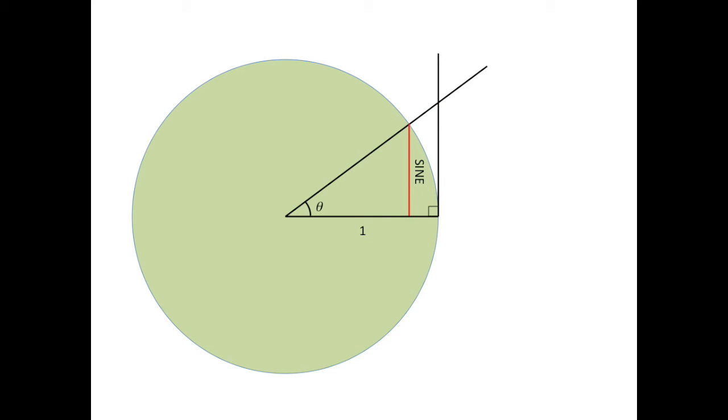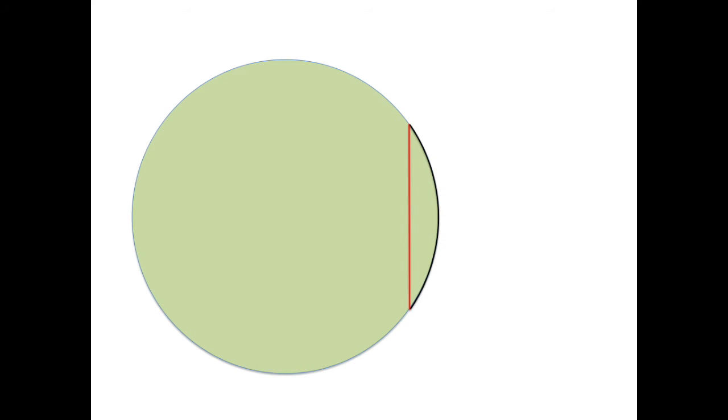Why sine? Well, that one's a little bit more complicated to explain, and in order to understand its origin, let's get rid of some of the extra lines here for a minute and just have that. Let's extend it down to the other side of the circle, and we don't need to call it sine anymore. Now, let's look at that little bit of arc right there, and let's get rid of the rest of the circle.